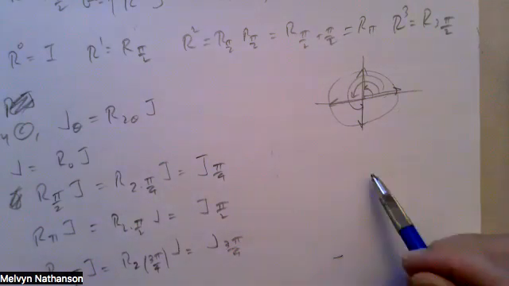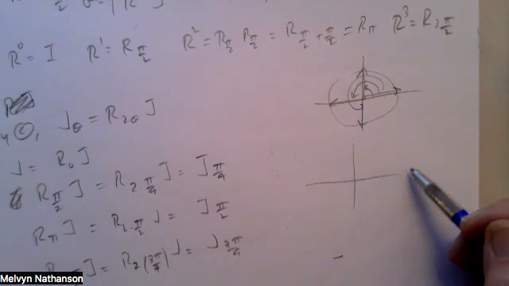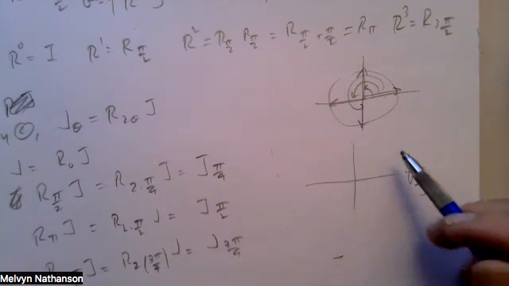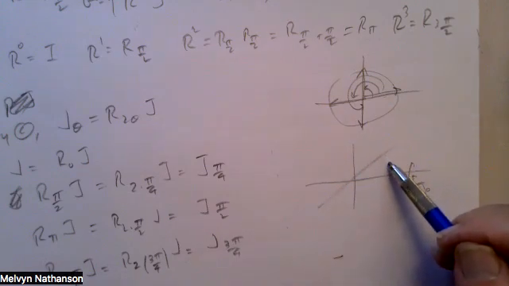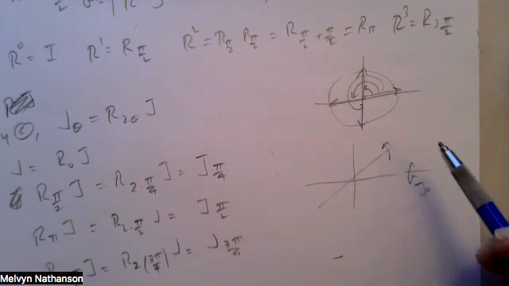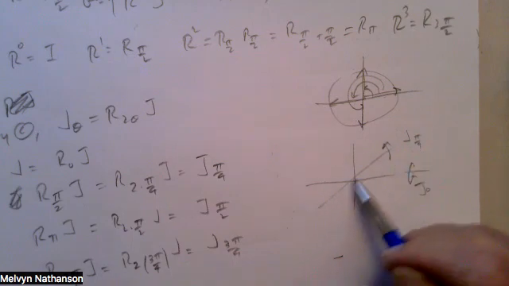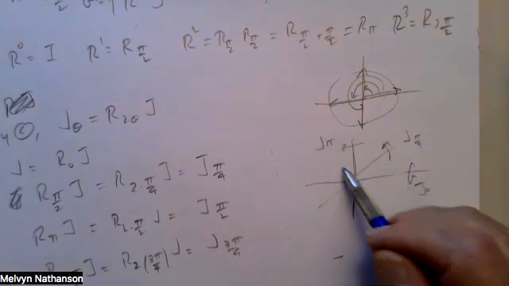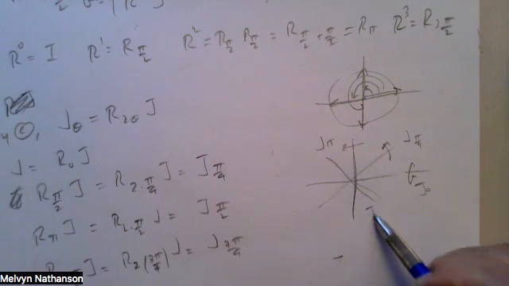So reflection through the x-axis is J0. Reflection through the line pi over 4 is J pi over 4. Reflection through the vertical line, J pi. Reflection through the y equals minus x line is J 3 pi over 4.